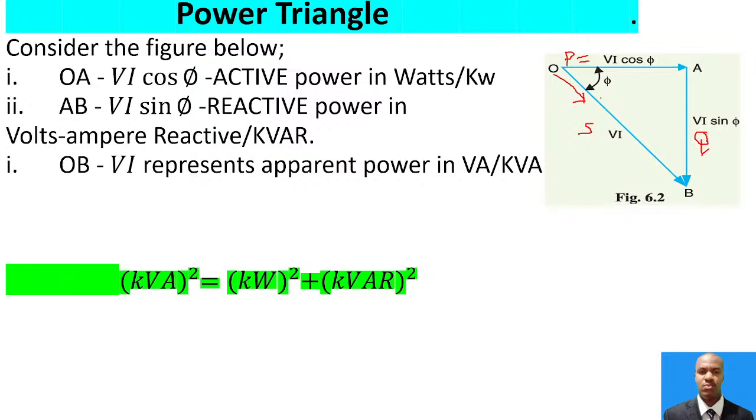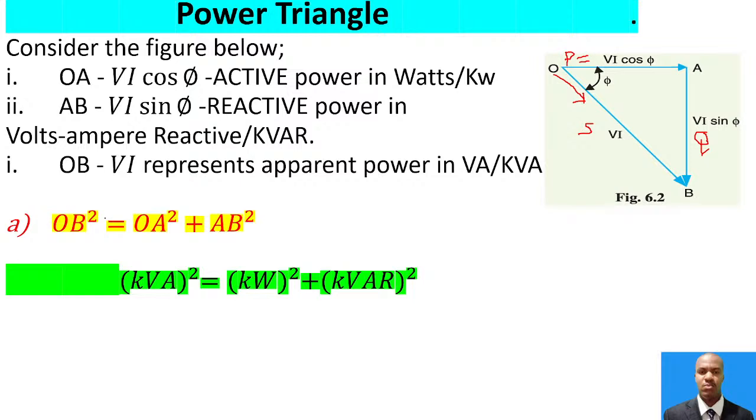Then from there, the component of apparent power, that is O to B. If you take the square of OB, you see it is equivalent to the square of OA plus the square of AB.